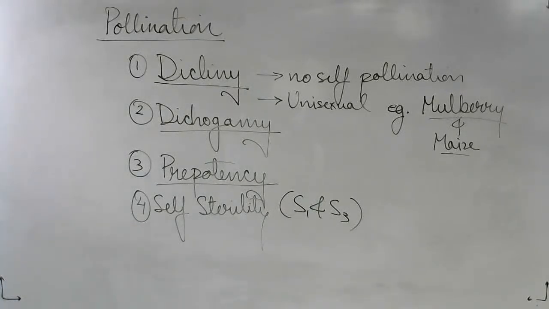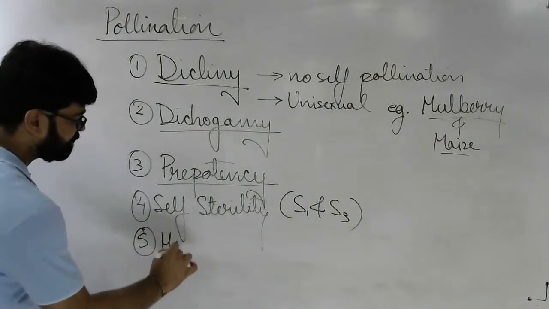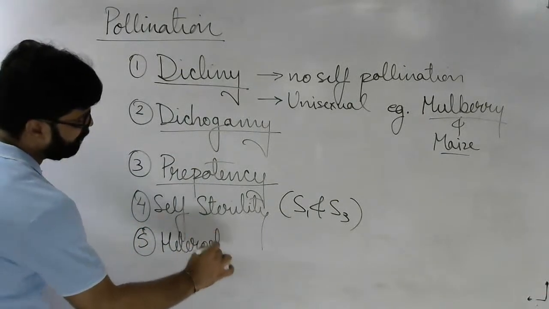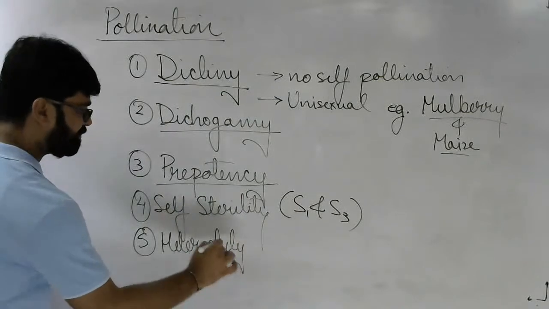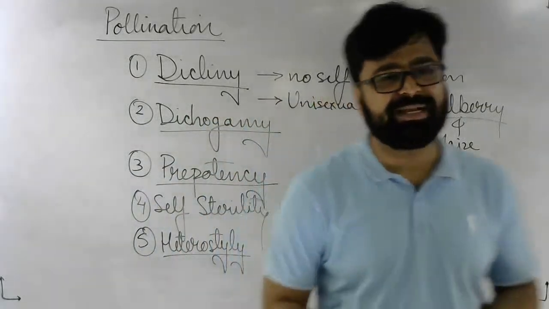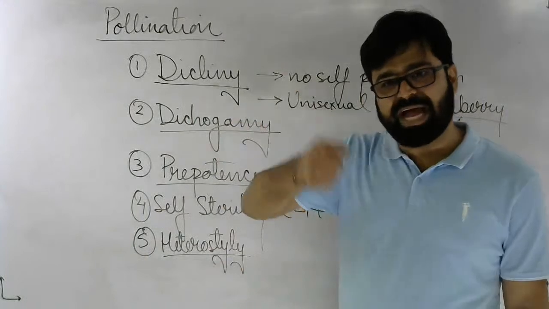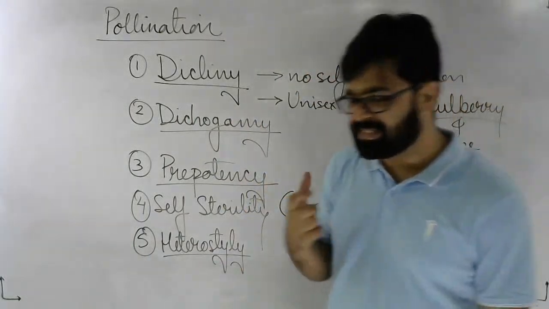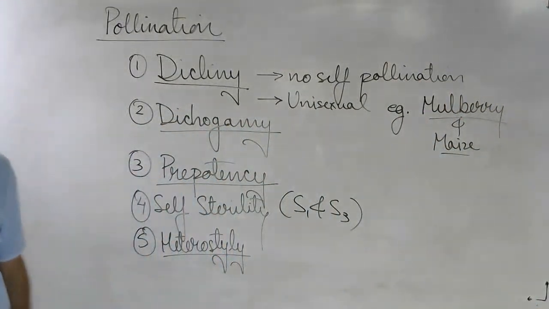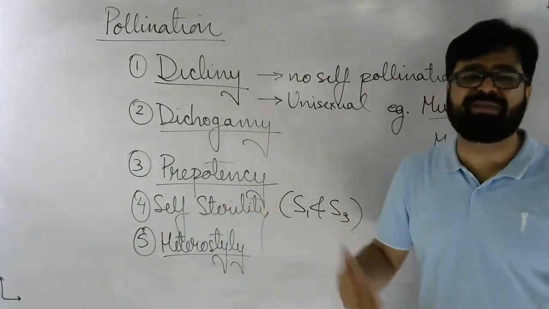Next term is heterostyly. Okay. Fifth is heterostyly. Okay. What happened in heterostyly? Hetero means different. And style is related with that part of pistil, the style, right? There are different type, different length of style in different flowers.